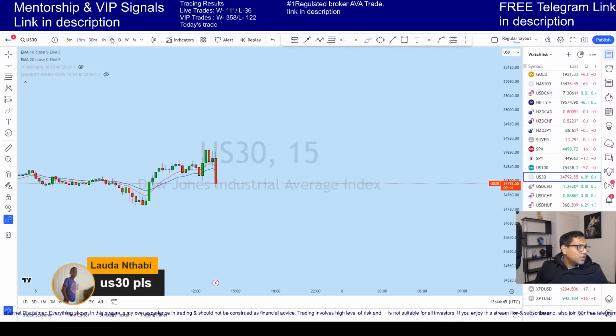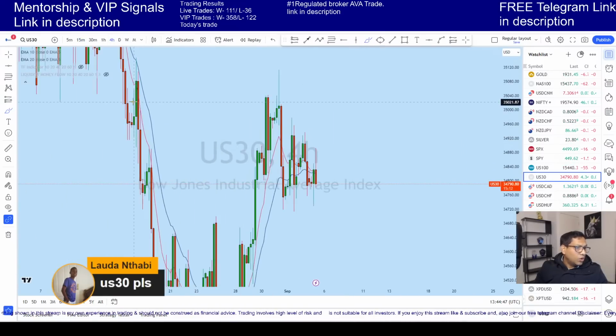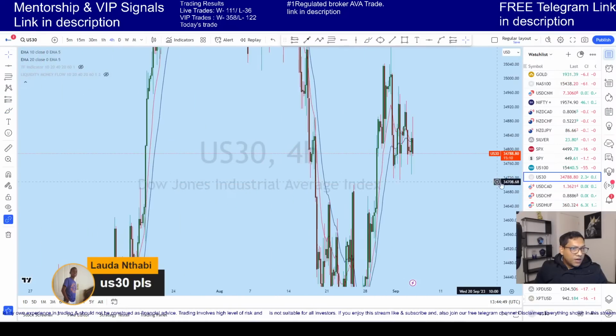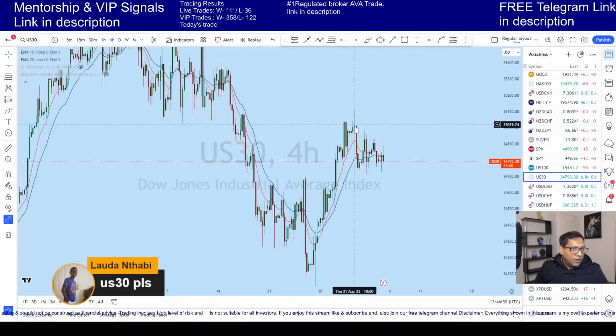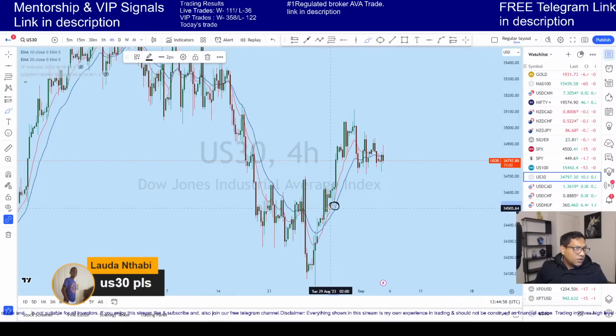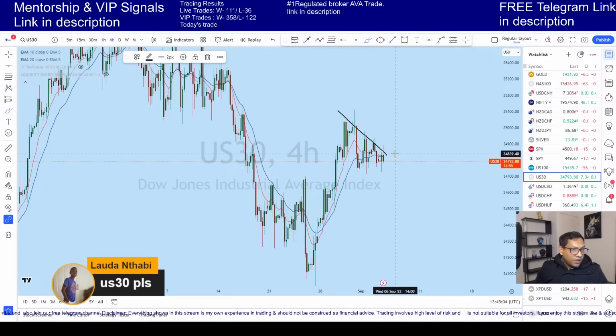Okay, so US30, if you look at here, what we see is that this market is also creating a downtrend now. With this impulse on US30, we see a strong movement followed by a triangle that has formed on US30.